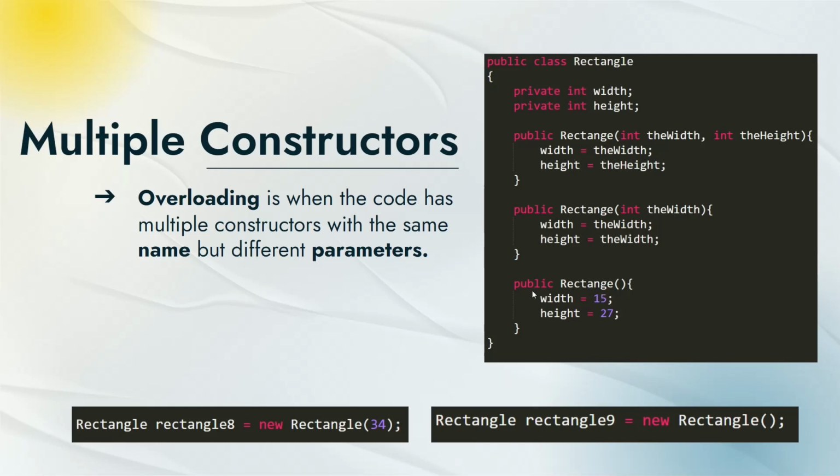So if I want to make a square object in the rectangle class, it's still a rectangle object, but I want it to be a square. I could say Rectangle r8 = new Rectangle(34, 34), and that would still be the same thing. But you can just create another constructor and say 34, which means that it only takes in 1 parameter.